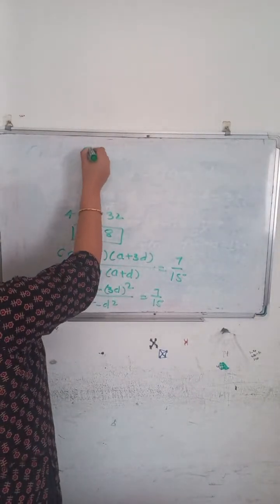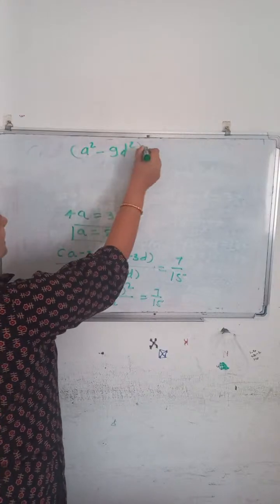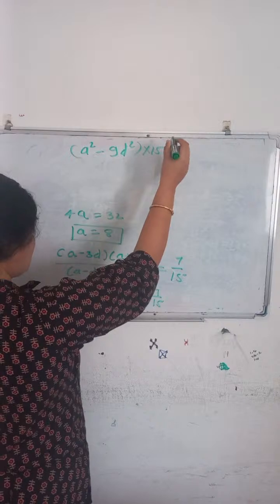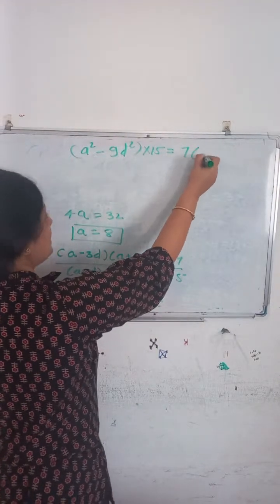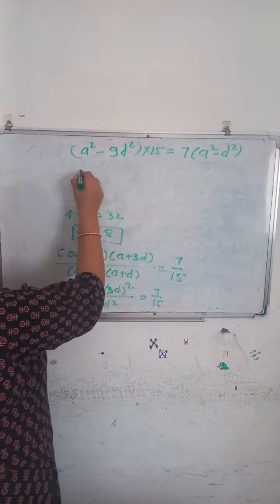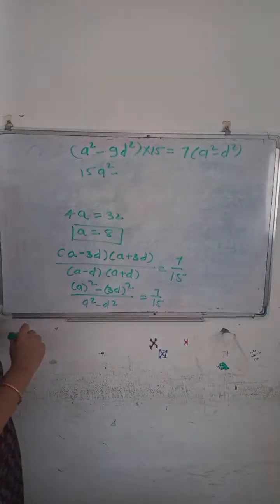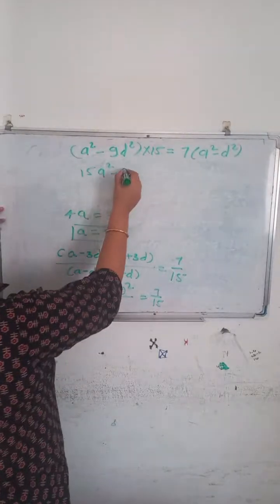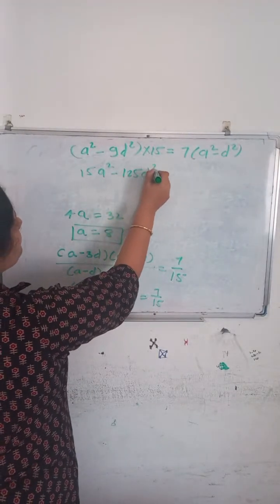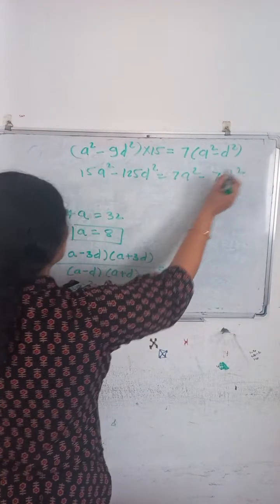Here we can write (a square minus 9d square) multiplied by 15 is equal to 7(a square minus d square). Here a square minus b square. Here you can multiply by 15. Okay, now 15 into 9, 15 into 9 is 125 d square. 7a square minus 7d square.